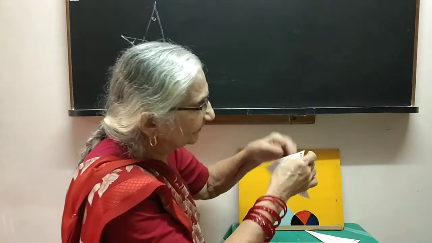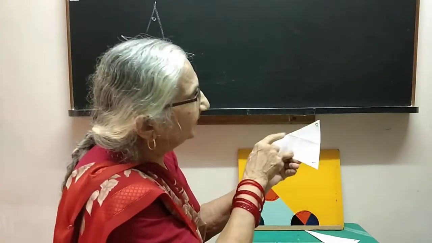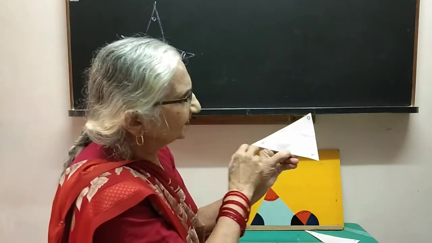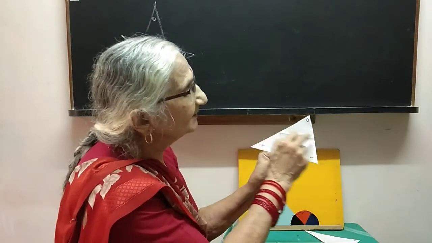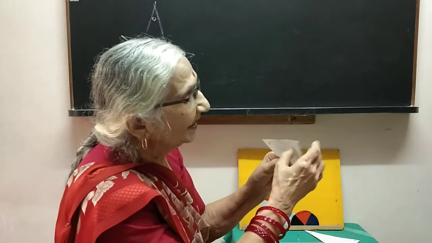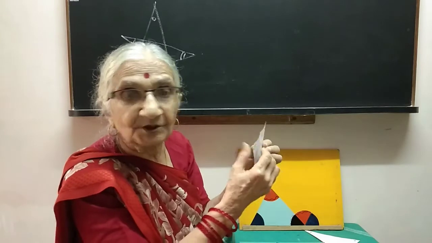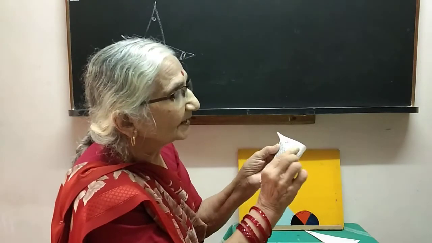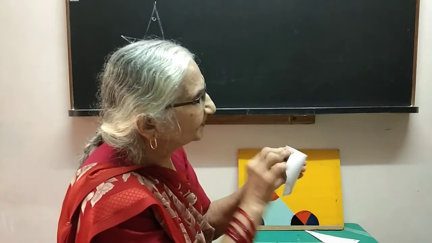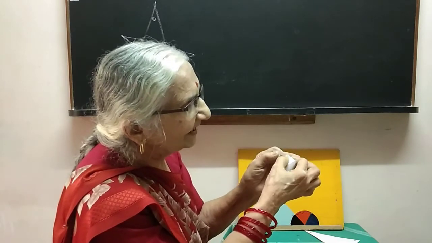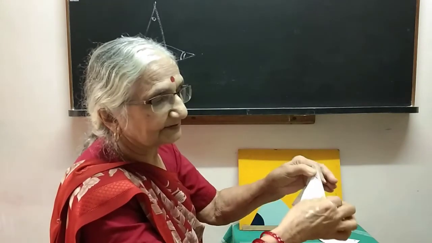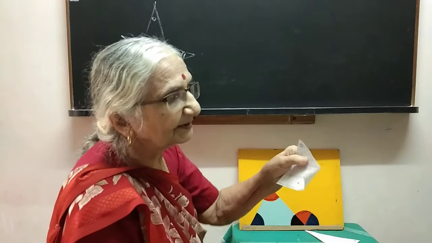But before that, what we do is, we take the midpoints of 2 sides. Suppose we take this as the base. Take the midpoints of these 2 sides. How do you take the midpoint? By folding. It's like this. Put this vertex together with this, line on line, and press. Where you have pressed is the midpoint.